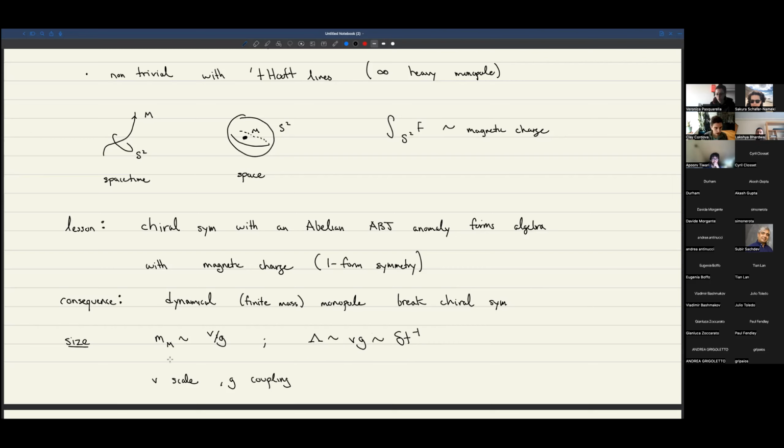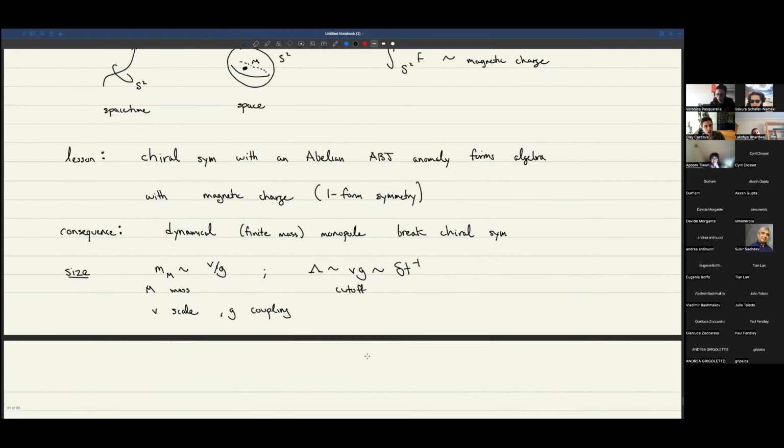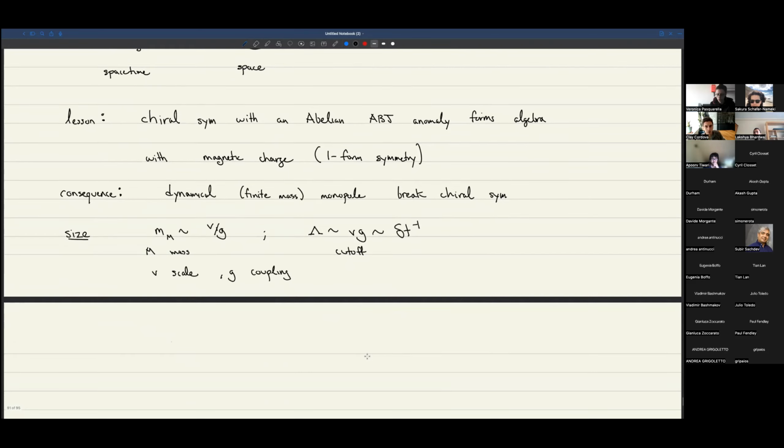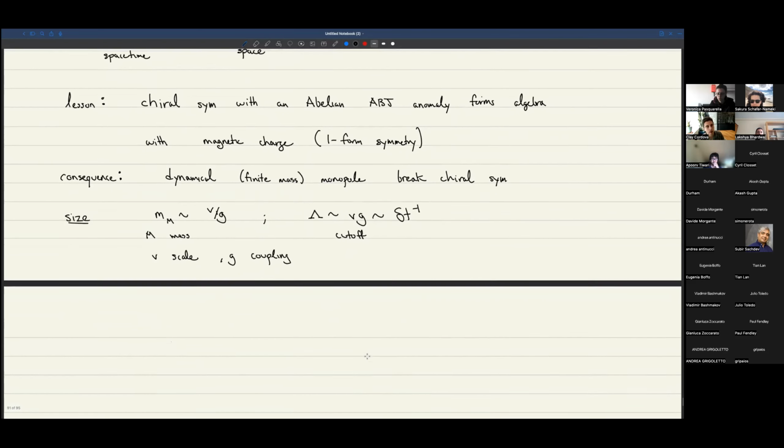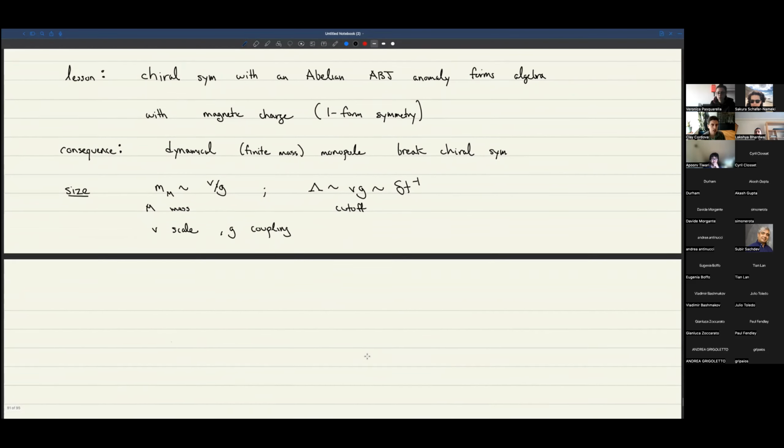This is the monopole mass. And this is the cutoff of our U1 theory. Now, if you want to understand how big the symmetry breaking effects coming from dynamical monopoles are, to think about it in a universal way, we'd like to use this effective U1 gauge theory that I was just discussing.